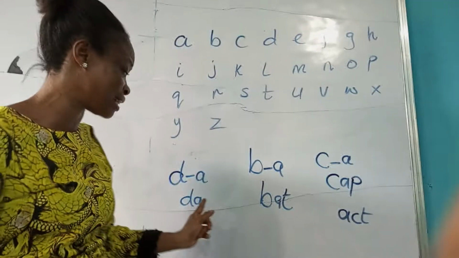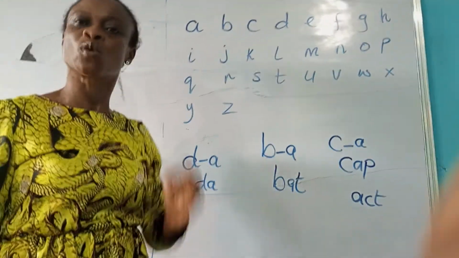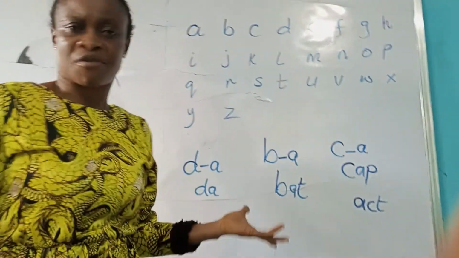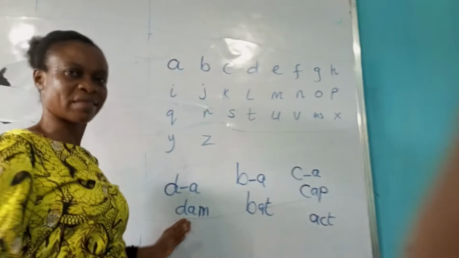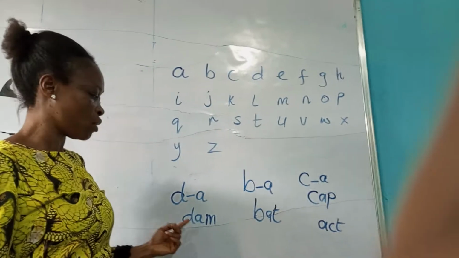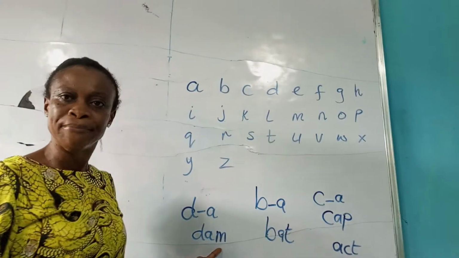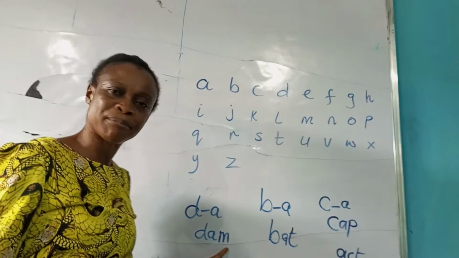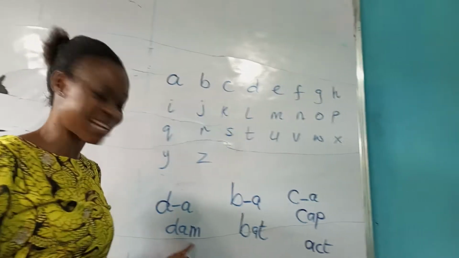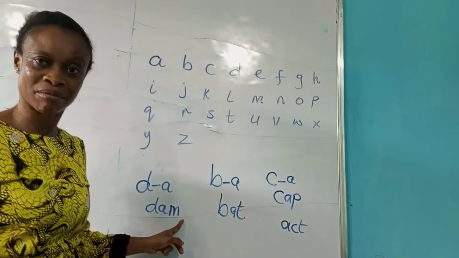We can add a letter to this to have a meaningful English word, a letter, for instance, letter M. The three sounds for these letters are D, A, M. Down.